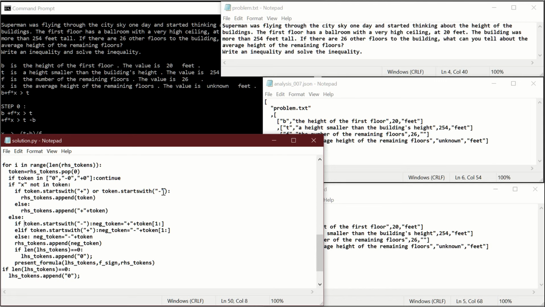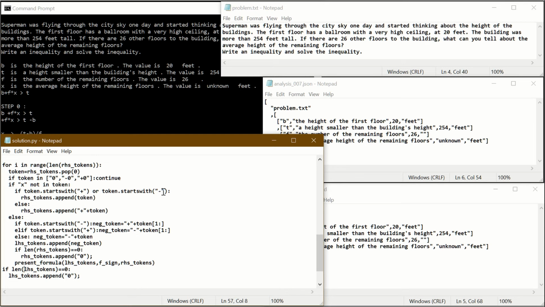Now I have to move it to the left hand side, I have to negate it, it's the same thing, and now I have to append it to the left hand side. And then if the length of the right hand side is 0, I have to append 0 on the right hand side, not to leave an empty list of tokens on the right hand side.